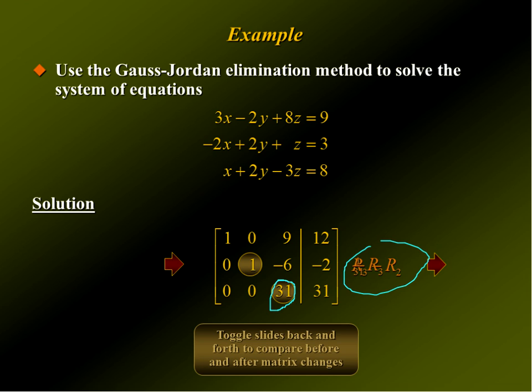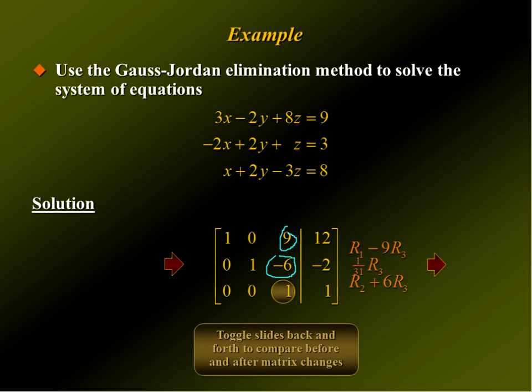So we apply some operation, then we get some value, and we get 1 over here. Then furthermore, I want to solve. We want 0 in this place, and 0 in this place.